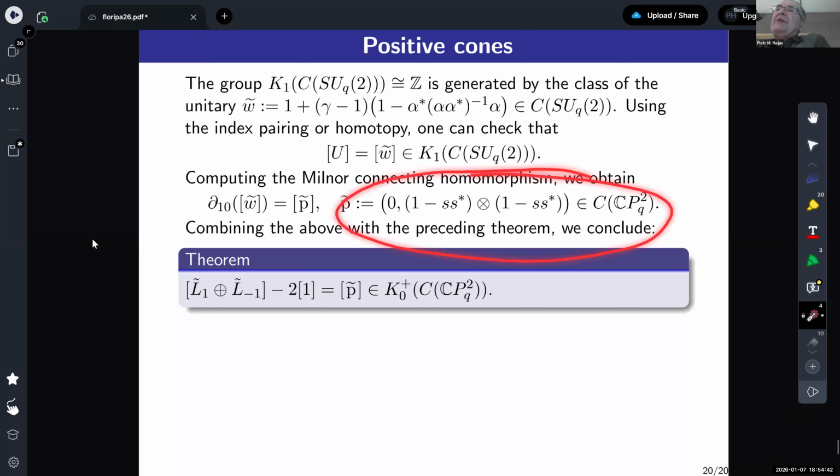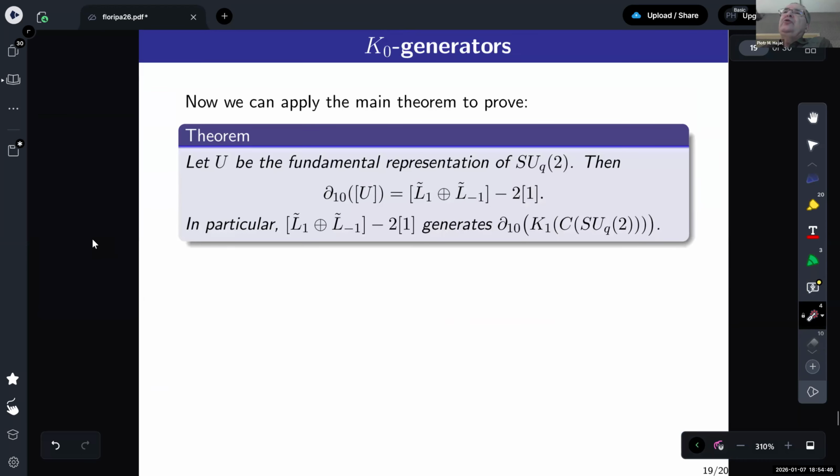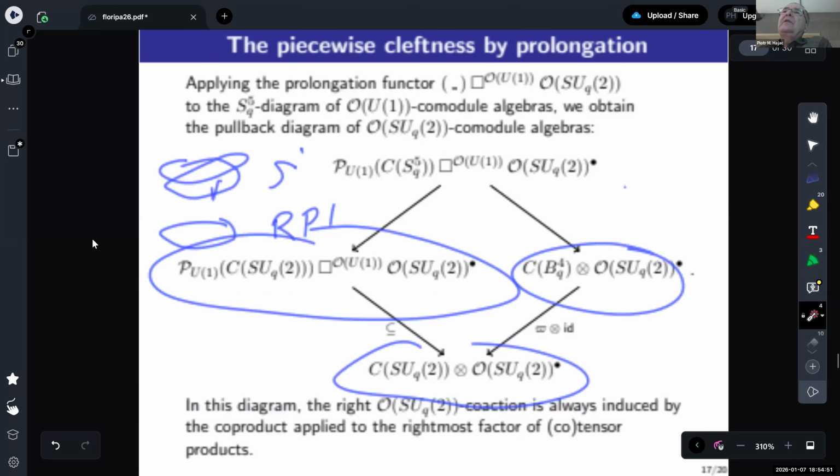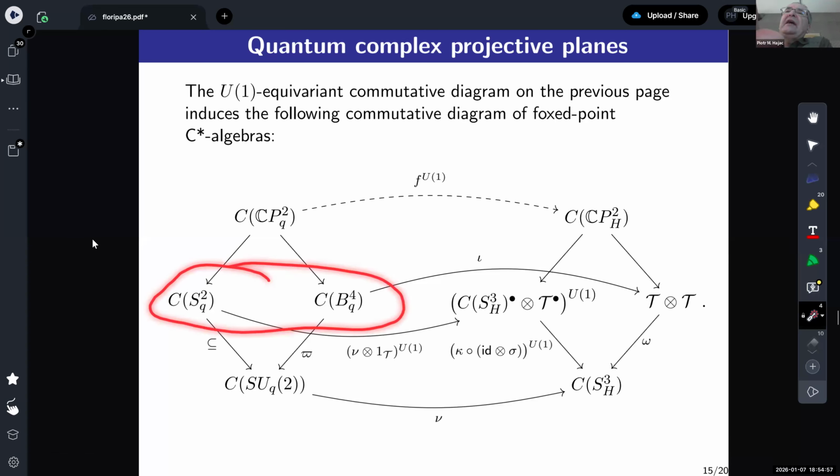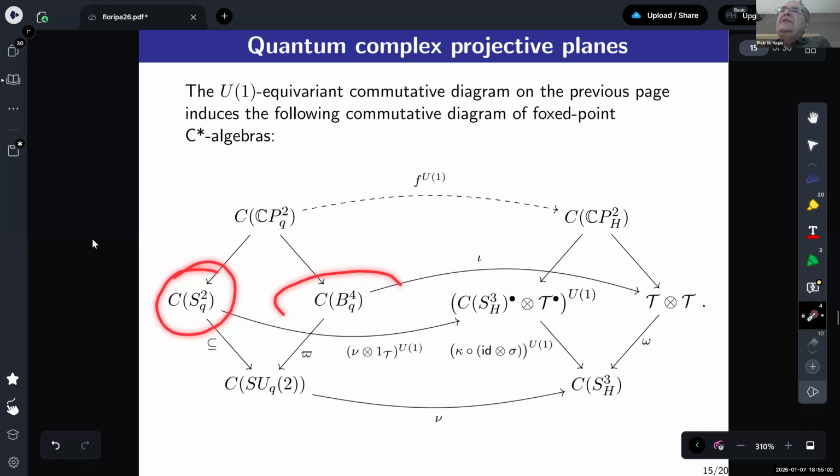And now you should ask a question, what on earth does it mean, 0, something, right? And now look at how I view this CP2Q. You see, this is a pullback of these algebras. So I have compatible pairs. One lives in Podleś, another one lives in the Hong-Szymański quantum ball.